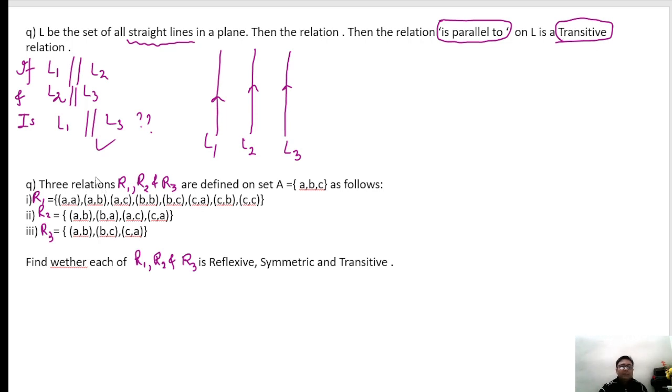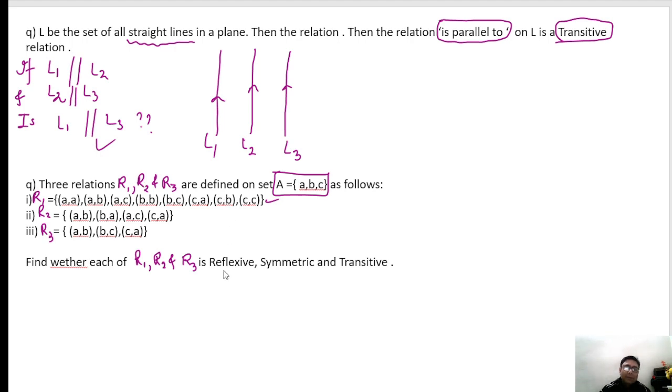Now, let's see. There are three sets given, and we have to choose the numbers from A, B, C. The elements are A, B, C, and see how they are made. They are telling to find whether each of R1, R2 and R3 is reflexive, symmetric and transitive. So let's check R1.